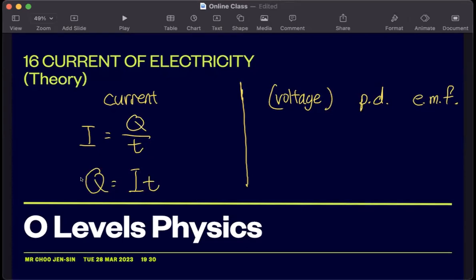The next thing is, PD and EMF you can actually write in different manners. You can write down as PD, you can write down as EMF, or you can write down as volt, voltage. So what's the formula of these three things?